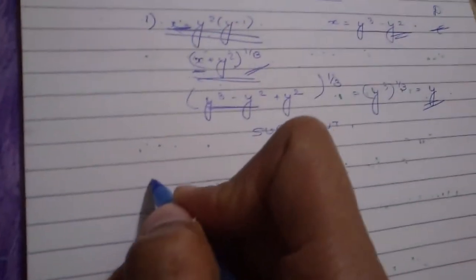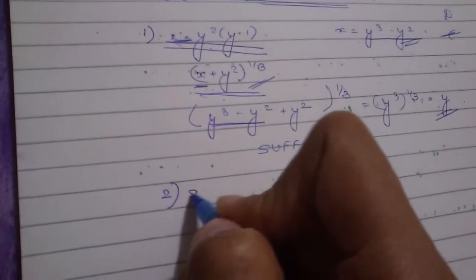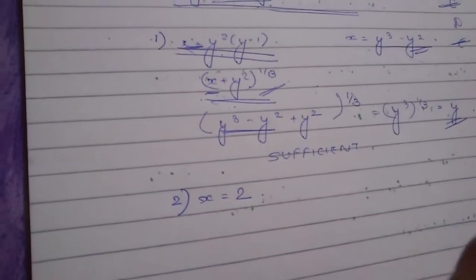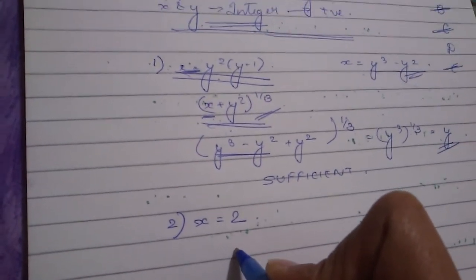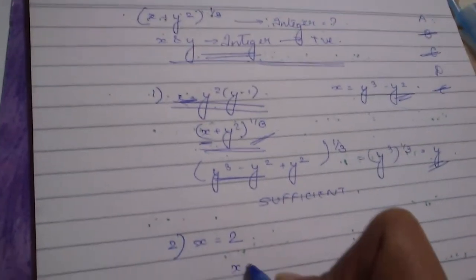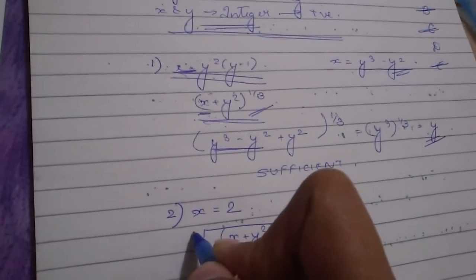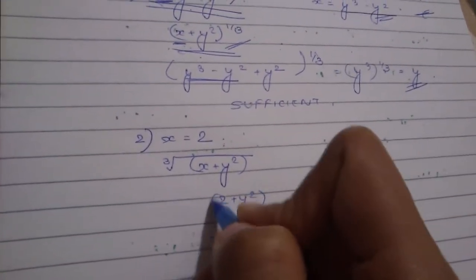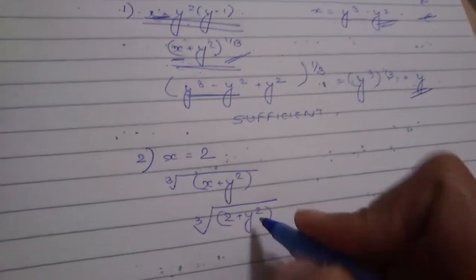So let's evaluate statement 2 to find out whether it is sufficient. This states x is equal to 2. X is equal to 2 implies that the expression, the cube root of x plus y squared, becomes the cube root of 2 plus y squared.